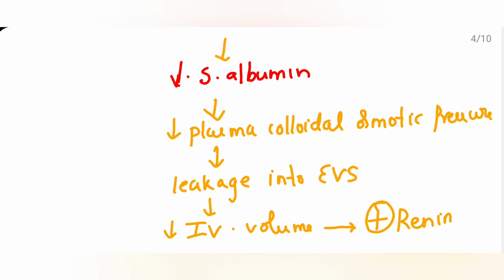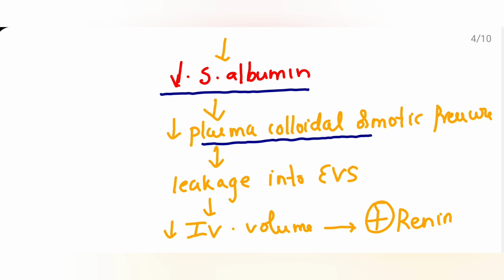So when the protein is lost, the serum protein level is reduced. The second feature here is that serum albumin is reduced. There is hypoalbuminemia. As a result of protein loss in the serum, there is decreased plasma oncotic pressure. So plasma colloidal osmotic pressure is reduced due to decreased albumin or heavy proteinuria.